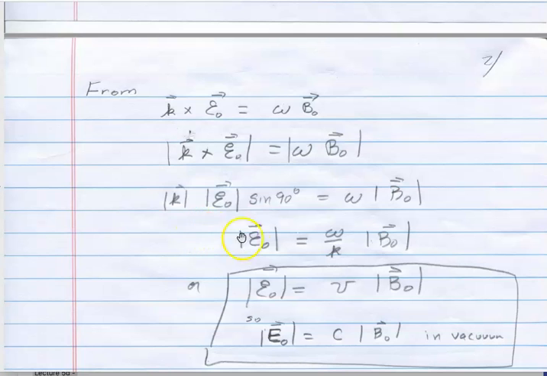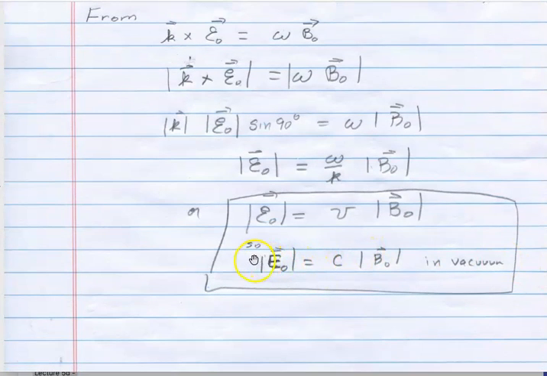And so one gets 1 here, and I can solve this for the magnitude of the electric field. So divide through by K, and I get that omega over K times B is just the wave velocity.